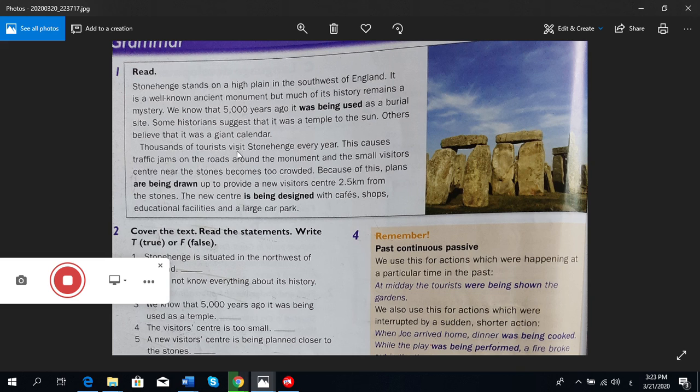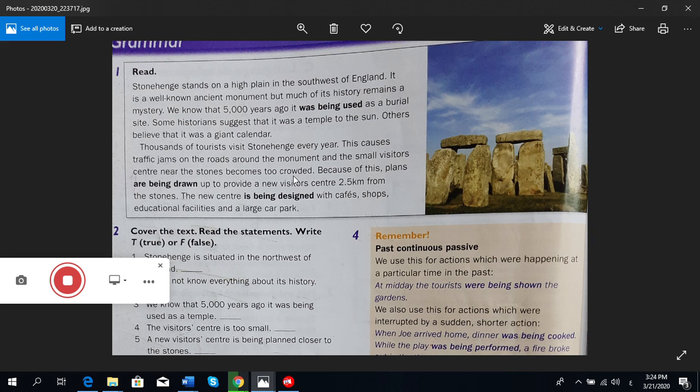Thousands of tourists visit Stonehenge every year. This causes traffic jams. Do you know what that is? Traffic jams? That means traffic congestion. Jams means congestion. Okay? On the roads around the monuments, and the small visitor center near the stones becomes too crowded.